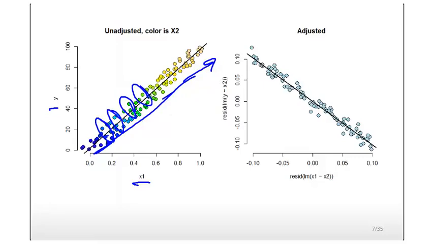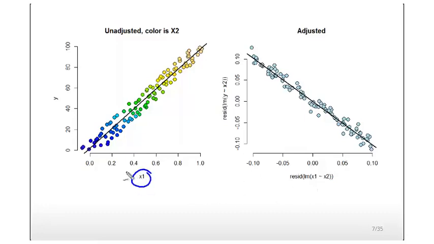So what we could do, remember, we've talked about this, is try to remove the effect of x2 by taking it out of x1, fitting a linear model where x1 is the outcome and x2 is the predictor, and taking the residual. That's that guy. Then I fit y as the outcome and x2 as the predictor and take the residual, and that's that guy on this next plot.